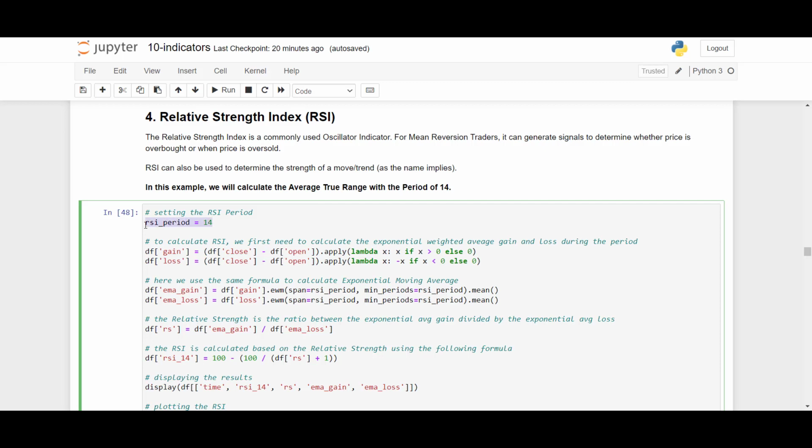So here the RSI period is set to 14, and the mathematics behind RSI are a little bit more complicated, but let me try to explain it very simply.